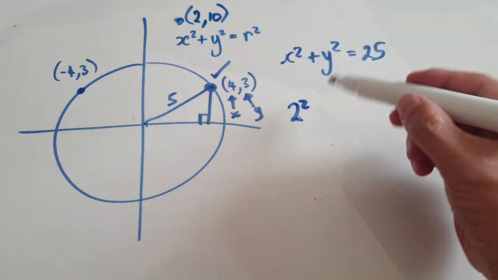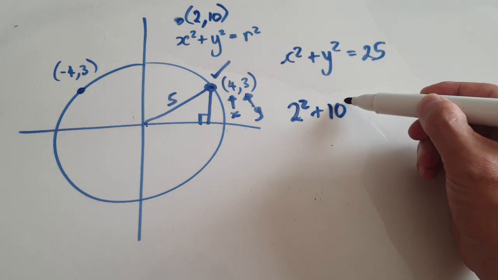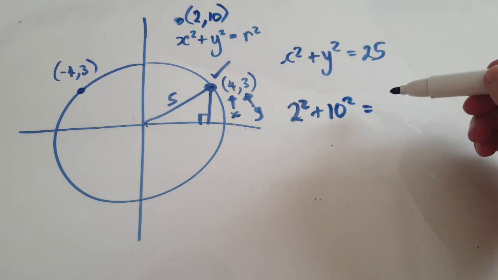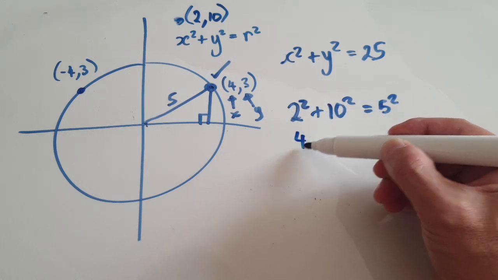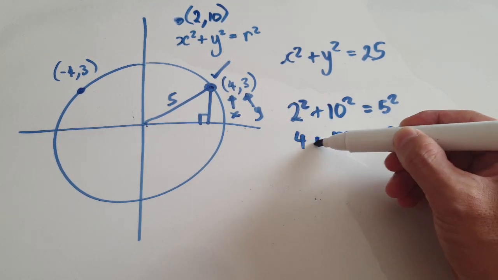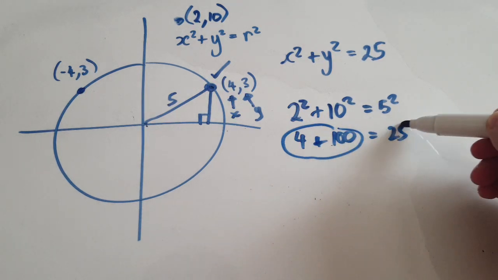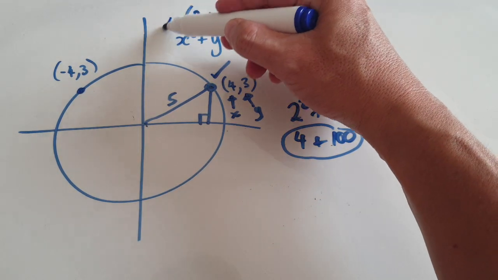Put this into the y, that would be 10 squared. And does it equal 5 squared? You see, this thing here would be 4, this thing here would be 100, this thing here would be 25. You see, the left-hand side does not equal the right-hand side. So this point here is a bad point.